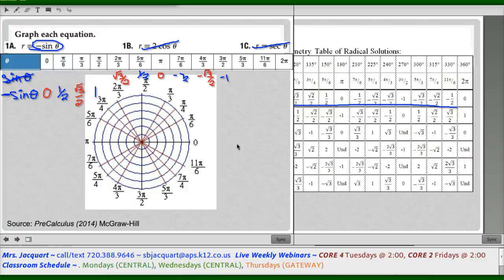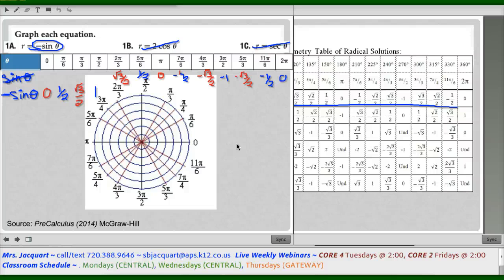And then we have negative square root 3. Oh, wait. Where's a 1? Square root 3/2 again. And then we have 1/2, negative 1/2. And then we have 0.